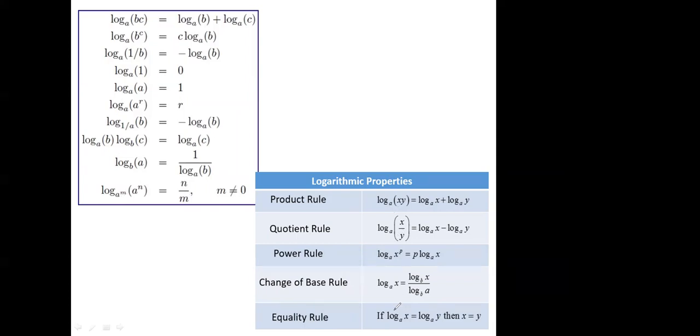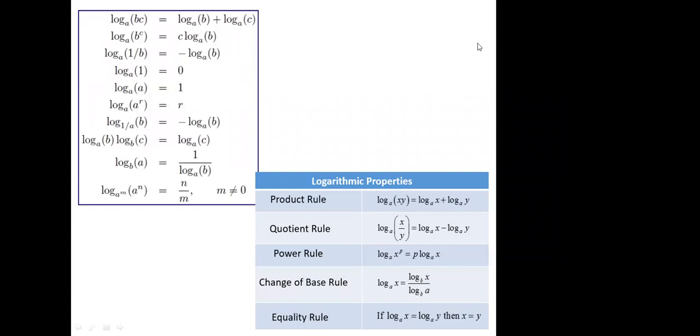Okay, so these are all the rules as well. I have the equality rule that I didn't mention. When we have two logarithms with the same base, then the numbers equal each other. So we can solve some exercises.